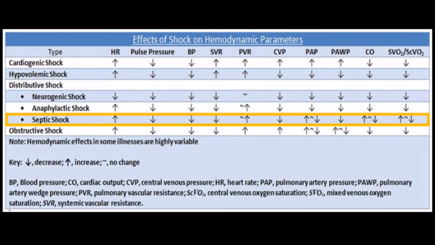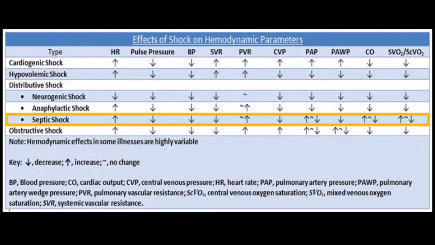Now we're ready to look at the hemodynamic monitoring of our patient. It is very important to monitor the cardiac pressure, non-invasive blood pressure, and pulse oximetry as well. But in septic shock patients, their hemodynamic pressure tracings can indicate that they may have an increased heart rate, decreased pulse pressure, decreased blood pressure, increased systemic vascular resistance, as well as pulmonary vascular resistance and central venous pressure, and an increased pulmonary artery pressure and an increased pulmonary artery wedge pressure.